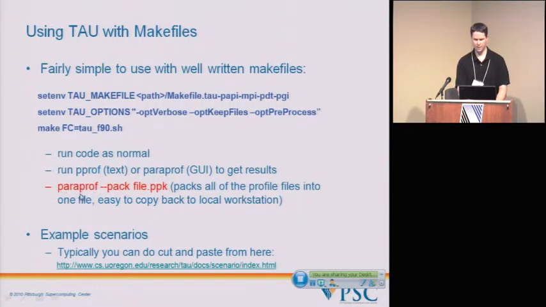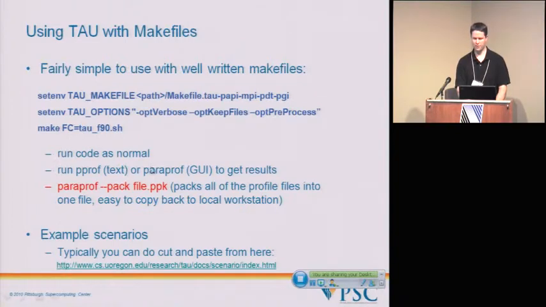So anyway, this paraprof tool, if you run it on the command line on the remote machine and give it this --pack option and then the name of a file with a .ppk, it will pack. When you run the code, it will generate a bunch of files named profile dot, and then the name of the task that it ran on.